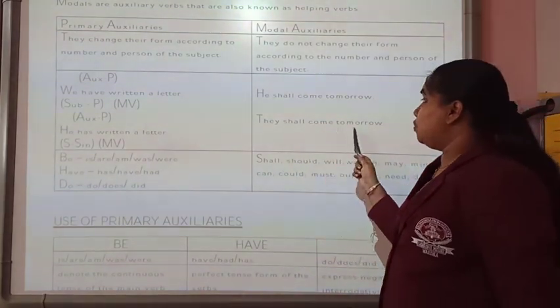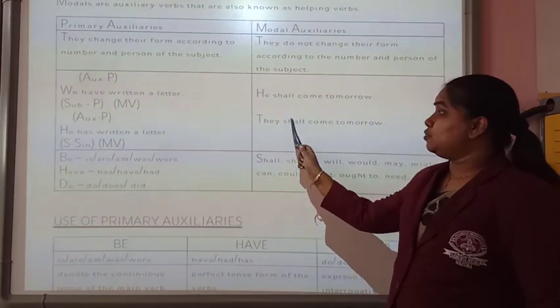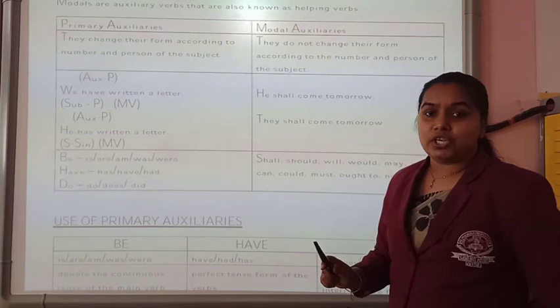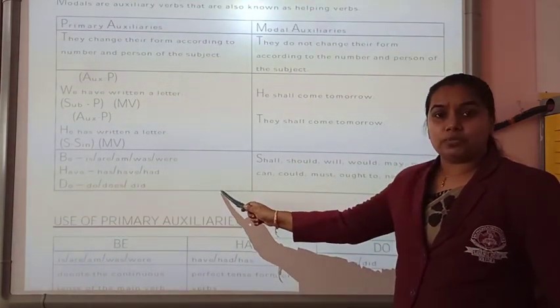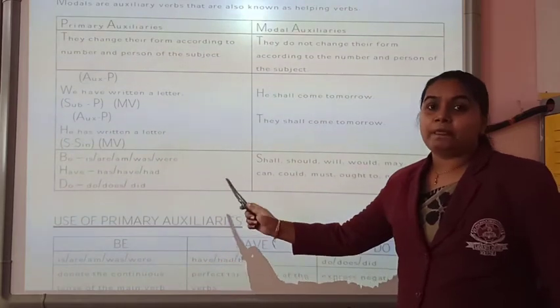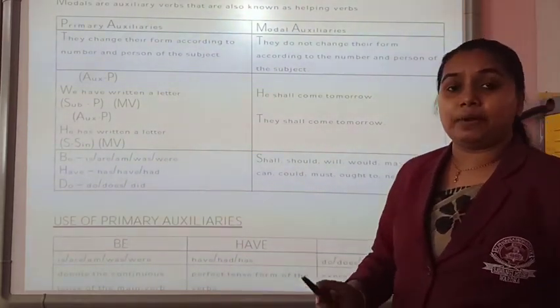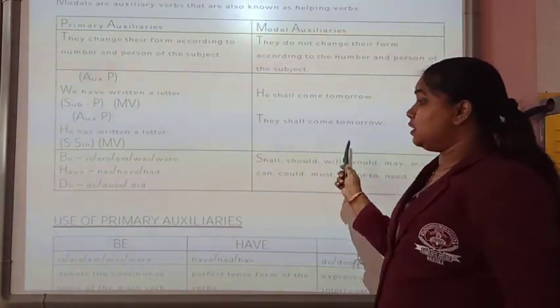They shall come tomorrow. If you observe, singular or plural, the same shall is used. The form of the modal verb is not changing. So what do we conclude here? Primary auxiliary verbs change their form according to the number and person of the subject, and here it does not change.